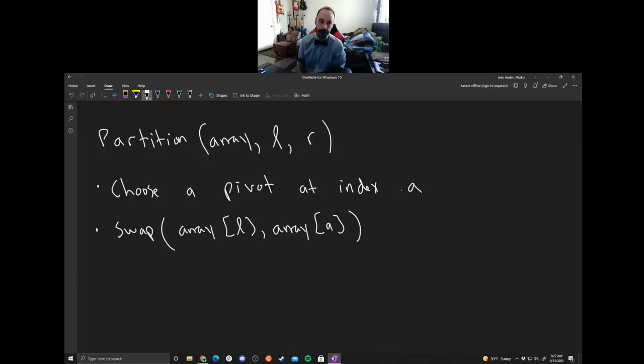So you put the pivot in the leftmost position. And okay, now we're going to create two indices, index i and j.